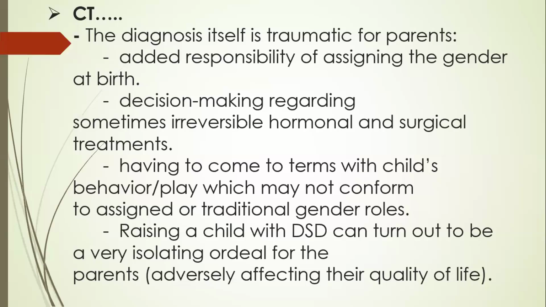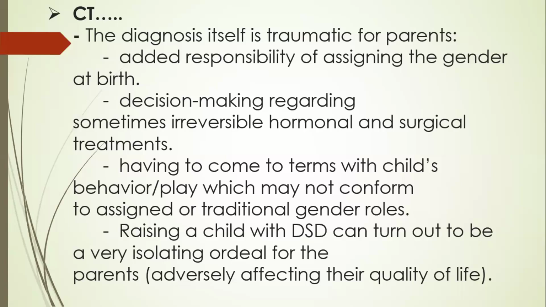So the decision making becomes very difficult. For example, a parent may decide to assign a boy the girl gender and start bringing up this child as a girl, dressing the child as a girl, and they can take a very long time before visiting a medical institution to find out what is happening, regardless of what they can see or think about the ambiguous genitalia.